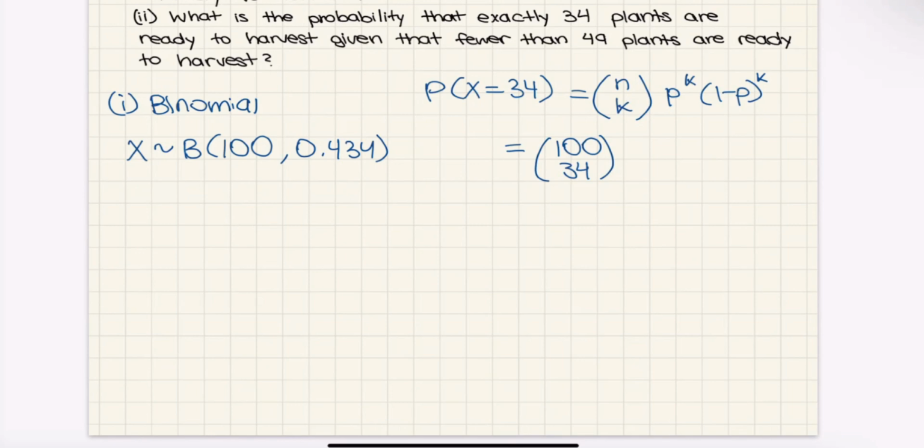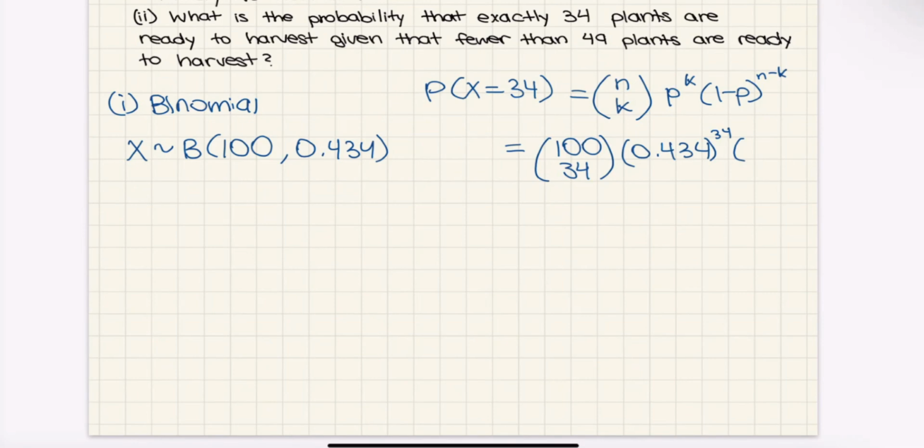Times the probability of one success to the power of k, so the power of 34. And then over here, sorry, this should be n minus k. This should be the rest of them. In order to have exactly 34, we need the rest of them to be failures. So we have to find the probability of a failure, which is 1 minus the probability of a success.